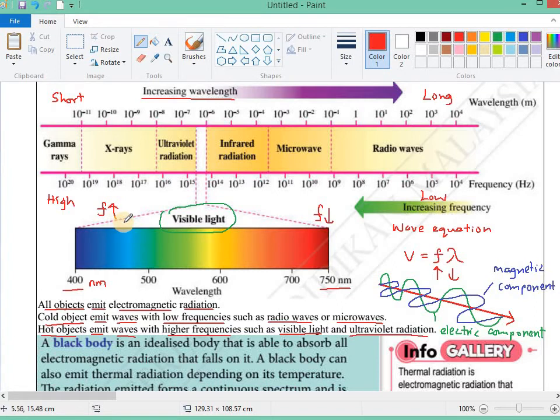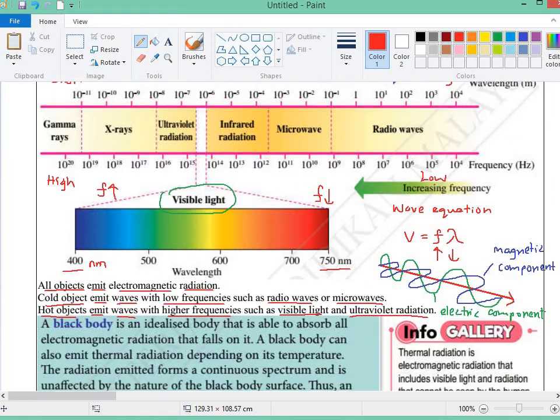So if the frequency is higher, the temperature of the object should be higher, right? Higher temperature object, the particles will oscillate faster, so it will produce electromagnetic wave with higher frequency. Lower temperature will produce electromagnetic wave of lower frequency. So it should be red color has lower temperature, yellow color higher temperature, green color even higher, blue even higher, and purple even higher temperature, right?